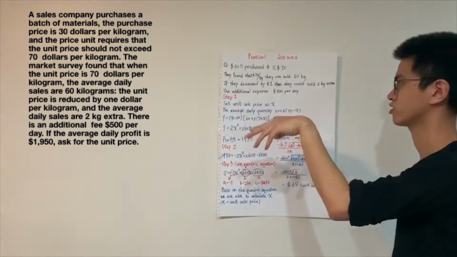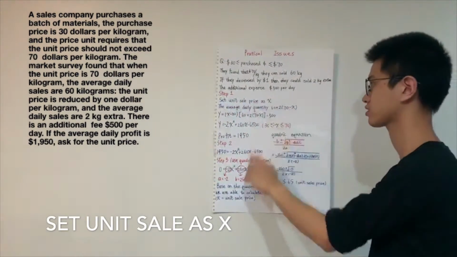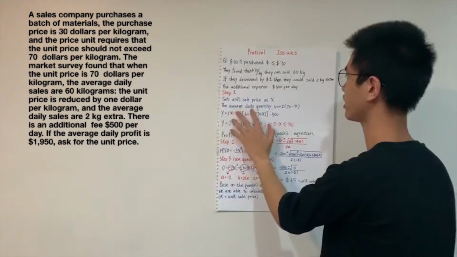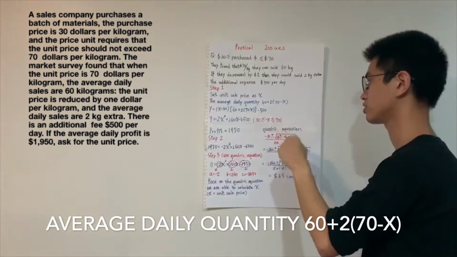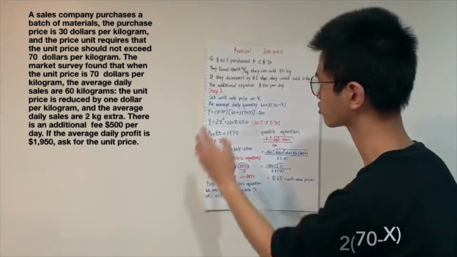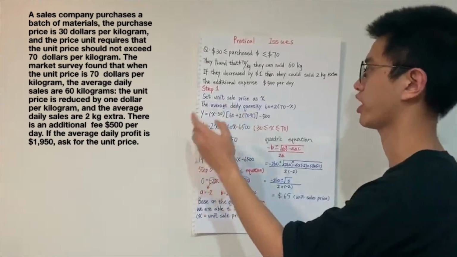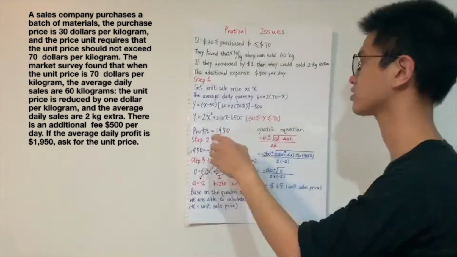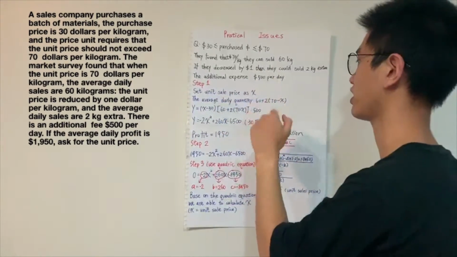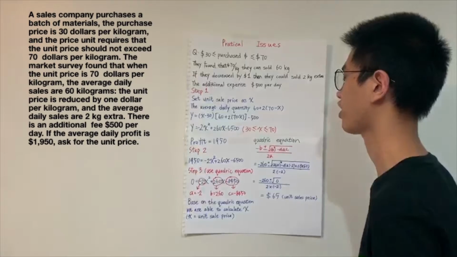Using this, I can set the unit sale price as X. Then the average daily quantity is 60 plus 2 times (70 minus X). Then I get this function: Y equals (X minus 30) times (60 plus 2 times (70 minus X)) minus 500.